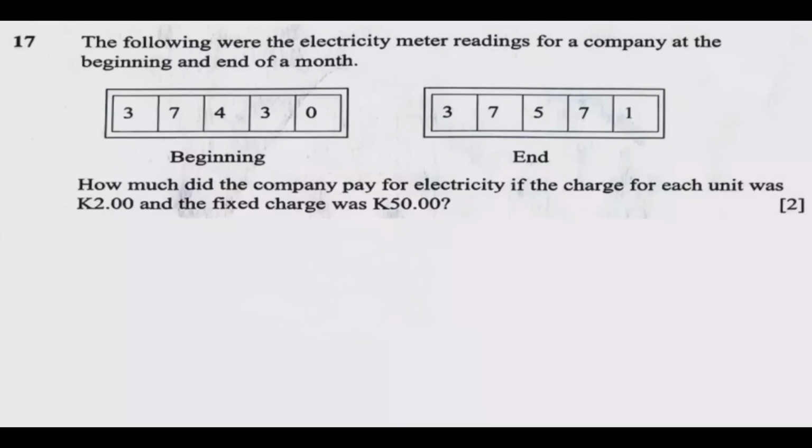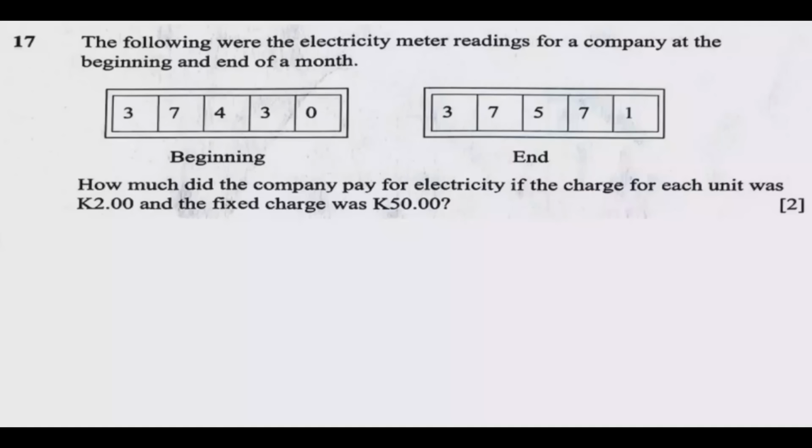We come to question 17, which is, the following were the electricity meter readings for a company at the beginning and end of a month. Okay, so we can take note of that.